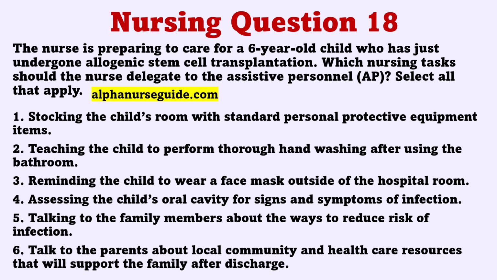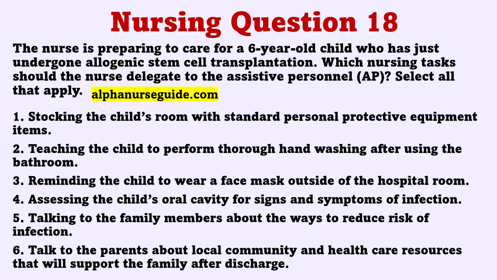Reminding the child to wear a face mask outside of the hospital room. 4. Assessing the child's oral cavity for signs and symptoms of infection. 5. Talking to the family members about the ways to reduce risk of infection. 6. Talk to the parents about local community and healthcare resources that will support the family after discharge.